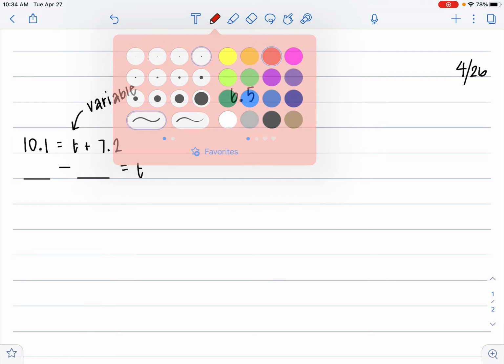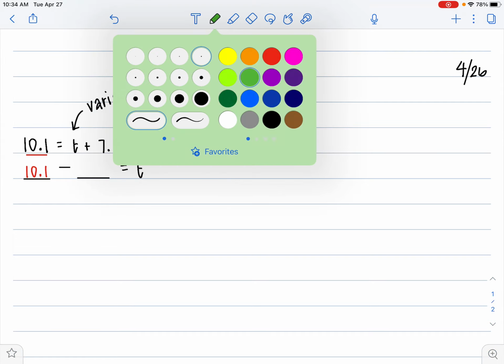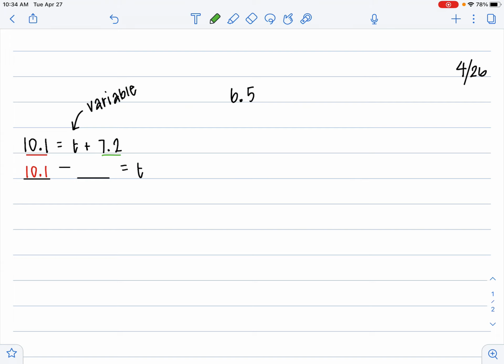We know that we need to subtract our sum, 10.1, that is the sum in our original equation, by the addend, or the number that we're adding, that is known. In this case, it's 7.2.